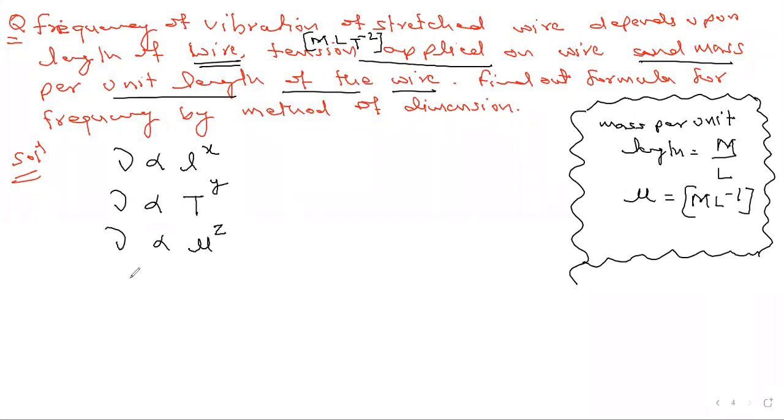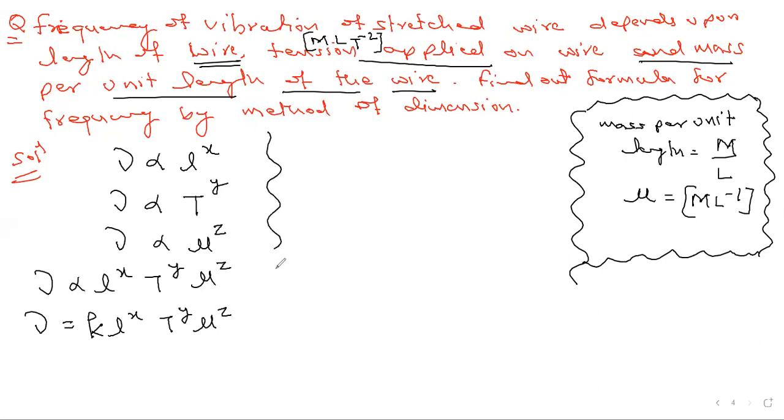If you combine all three, then nu is proportional to this; if you remove the proportionality sign, now put the dimension on both sides.